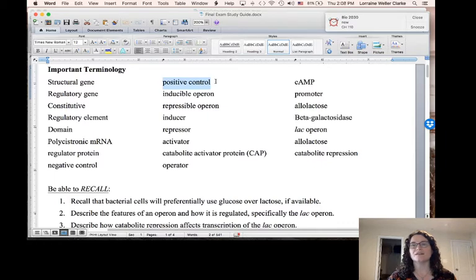In a positive inducible, the activator is always off unless something induces it to turn on. Okay. So you're adding the activator in a positive inducible. You're removing the repressor in a negative inducible, and it's the opposite for the others. Okay.